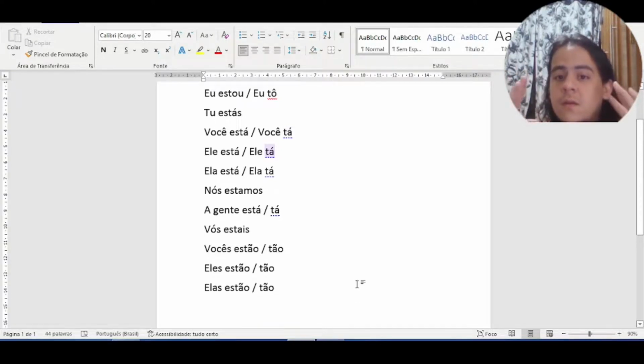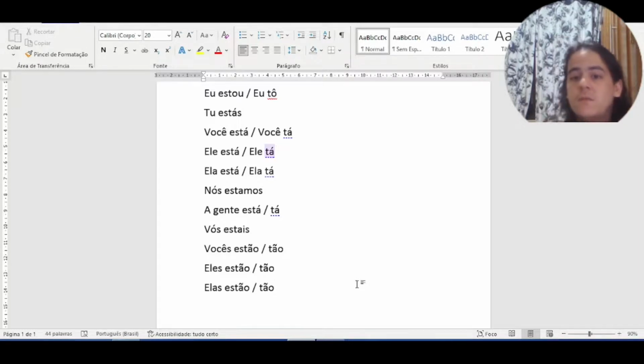Remember, tô, tá, tão are informal. It's an informal way of speaking. It's considered wrong in some formal situations. In the written language, when you write something, normally you use a more formal language.